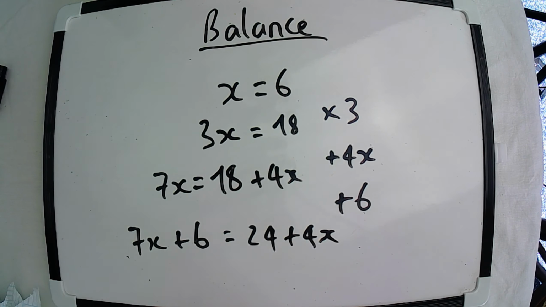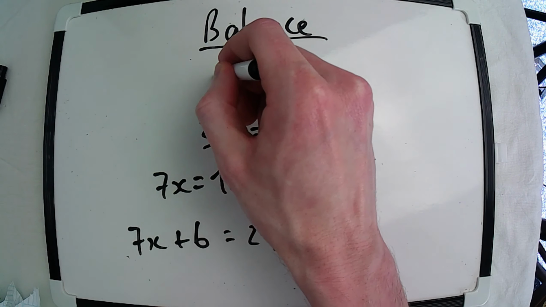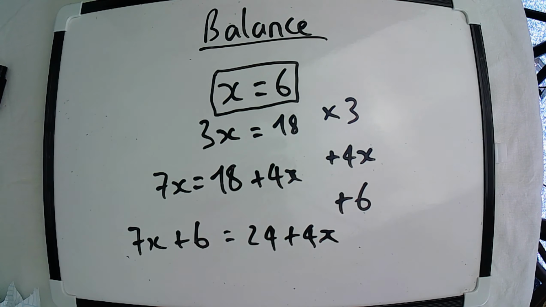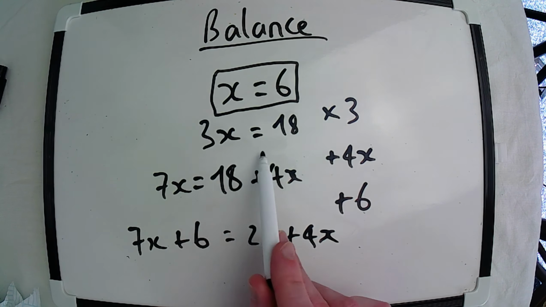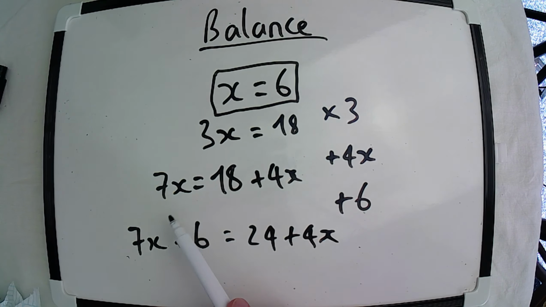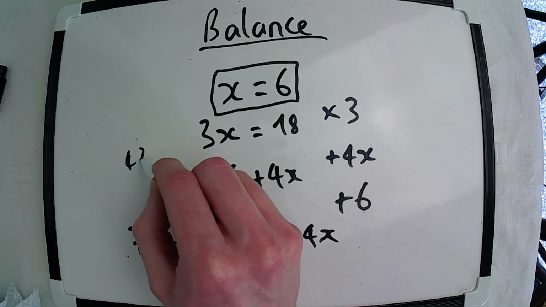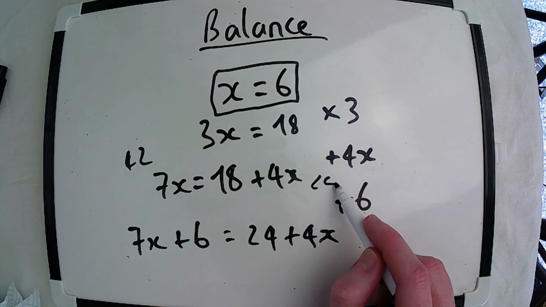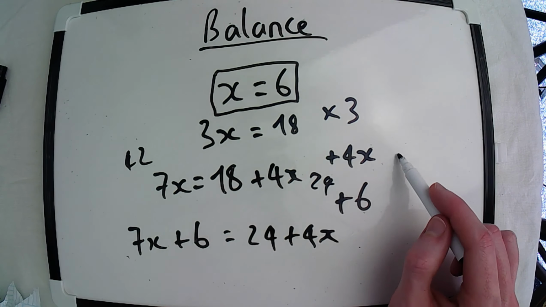So ladies and gentlemen, if you understand this process of doing the same to both sides, when you actually come to solve linear equations in this video, it becomes much easier. I draw your attention to this. At all stages, x equals 6. 3 lots of 6 equals 18. 7 lots of 6 are 42. 4 lots of 6 are 24. 24 and 18 equals 42.